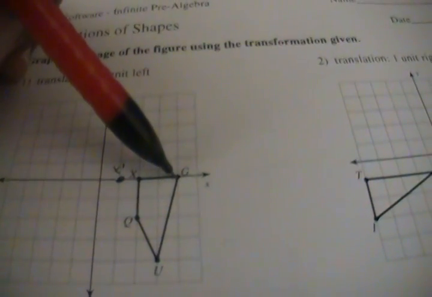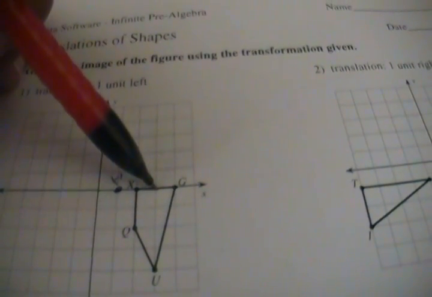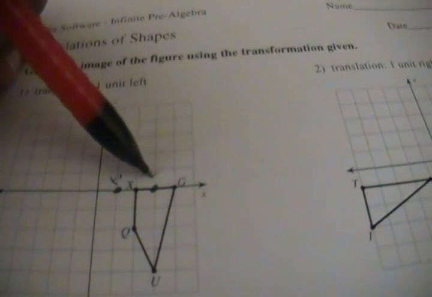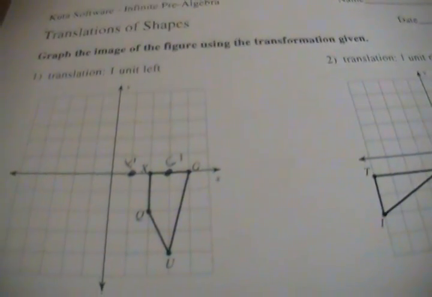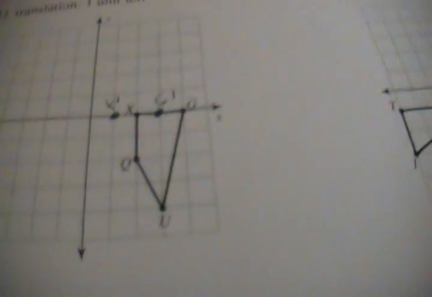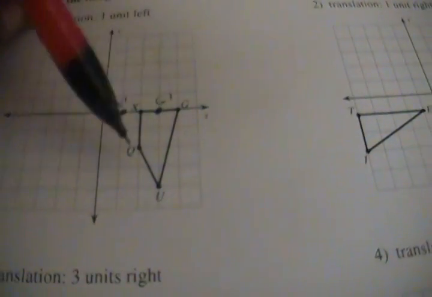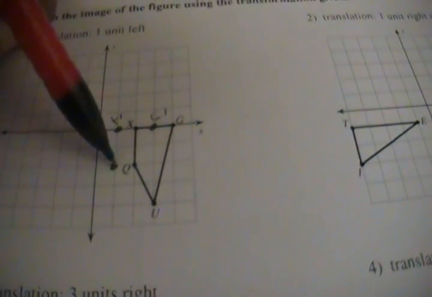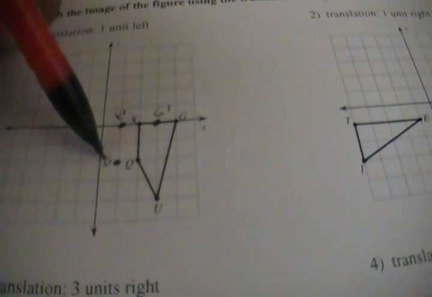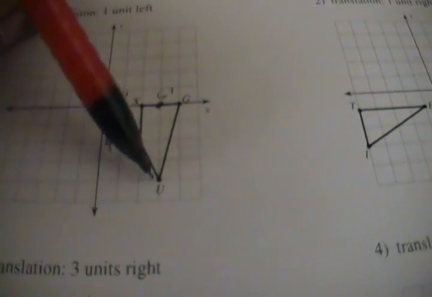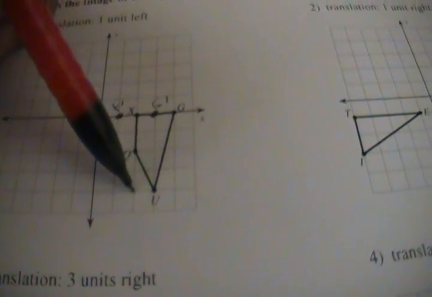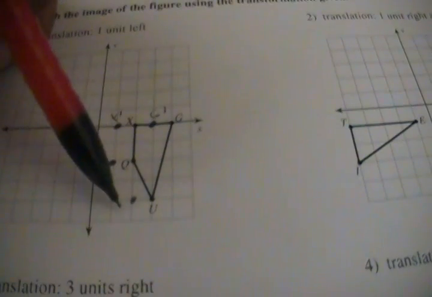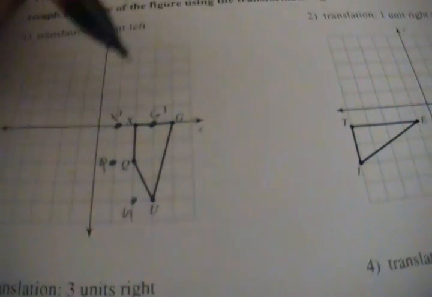Now g moves 1 unit to the left, so this becomes g1. Q moves left 1, so this becomes q1, and u right here moves 1 unit to the left, becomes u1.